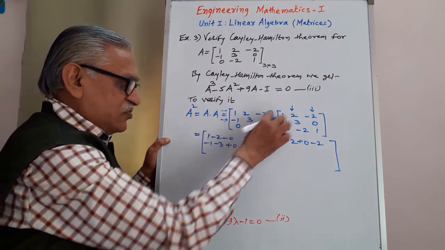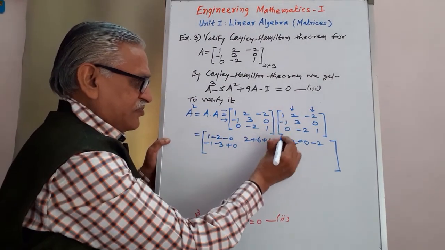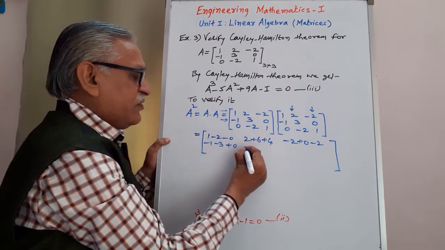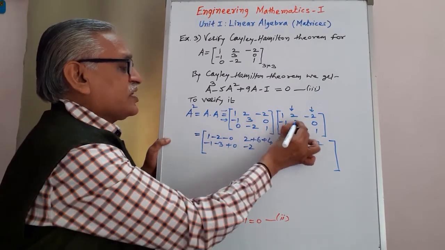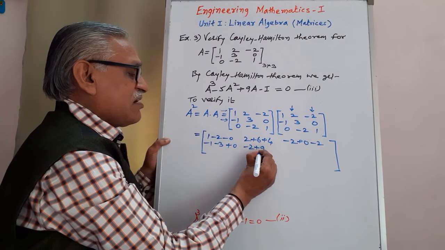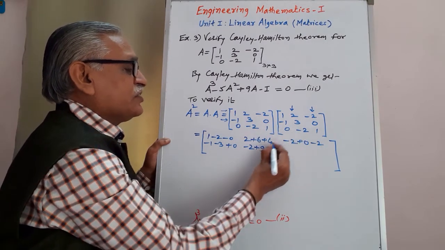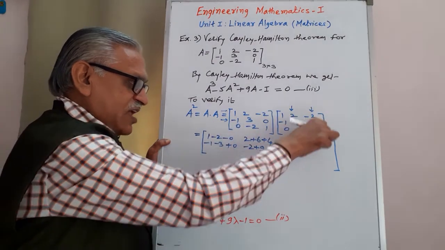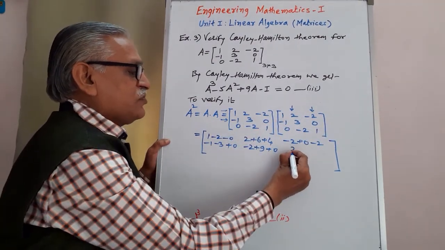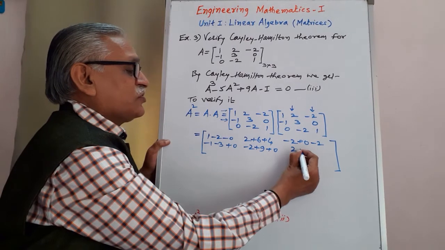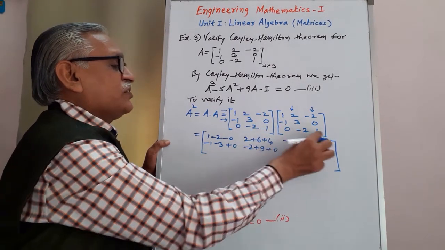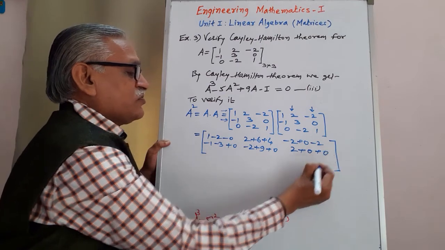Then by second row to the second column, minus 1 into 2, we get minus 2, 3 3s are 9, and 0 into this. Then by the second row to the last column, plus 2, 3 into 0, 0, and 0 into 1, we get 0.